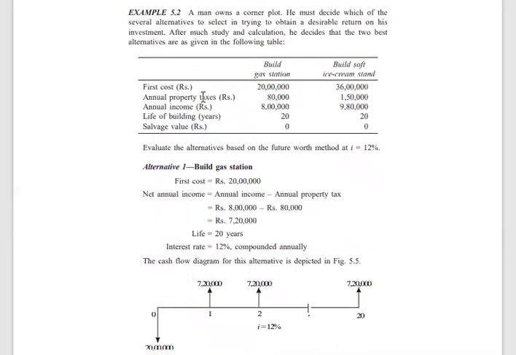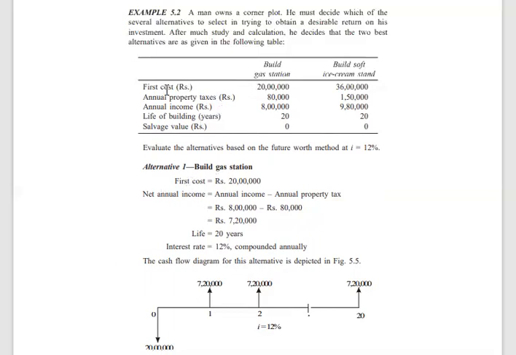Here they have given the property tax as well as the annual income, so you have to subtract the property tax to get the net annual income.